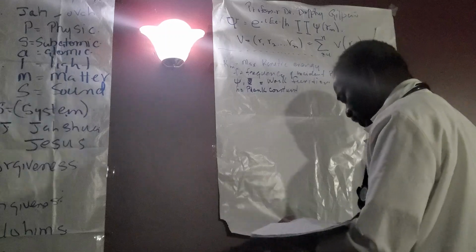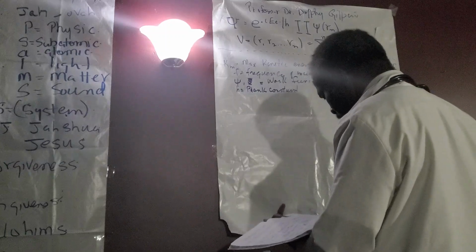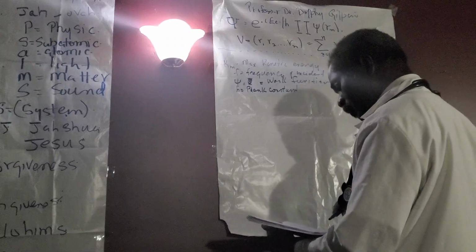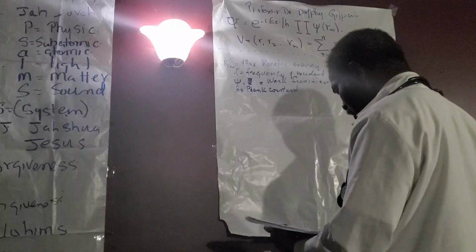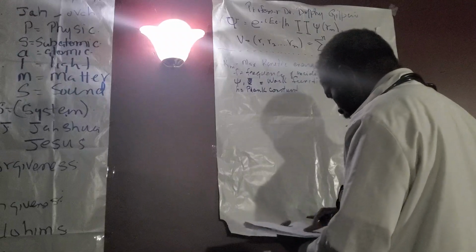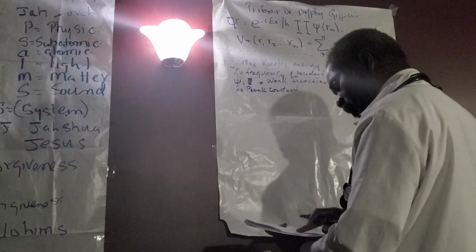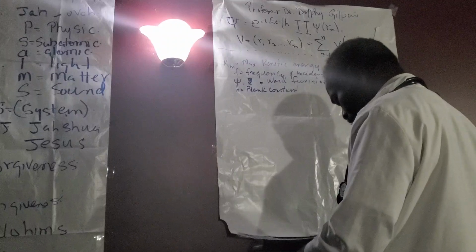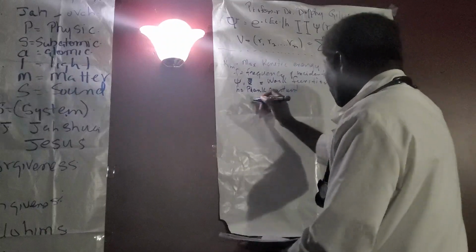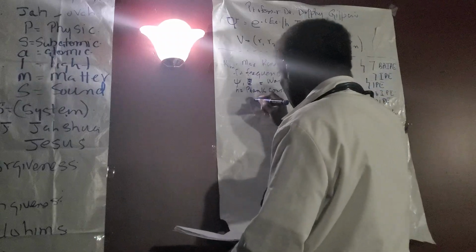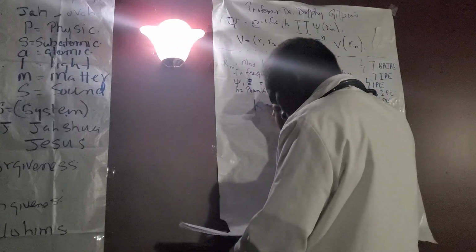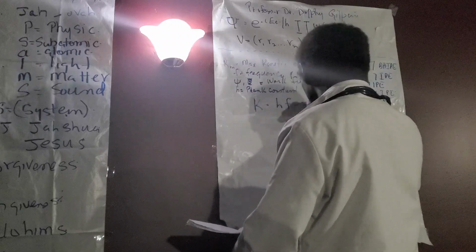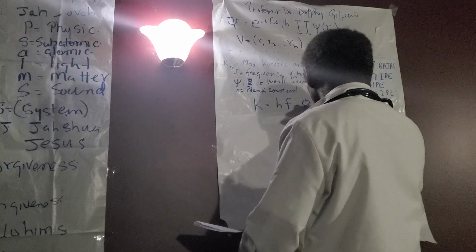And the dimension of that is second to the minus 1, hertz. And K equals kinetic energy of the photon. And come up now with the equation that K, write it big, is equal to Planck constant times the frequency, minus omega.